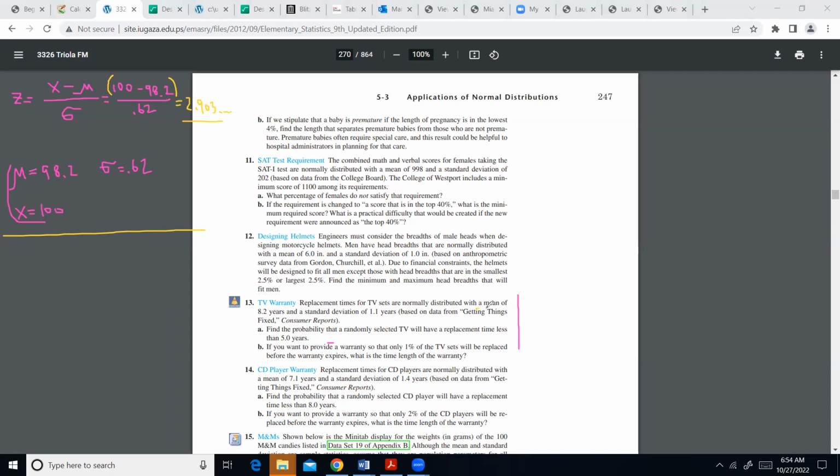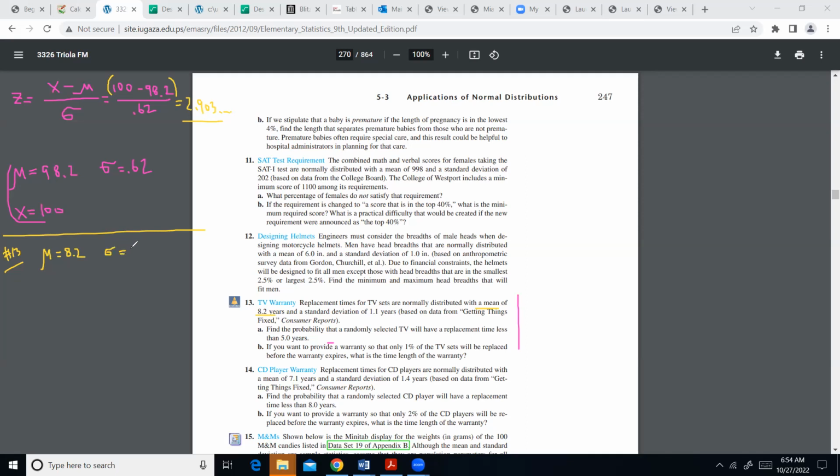So let's say you're in the business of selling warranty for TV sets, you might have pretty good business if you know the mean time for a TV to work, which is 8.2 years. And also that the standard deviation is 1.1 years.